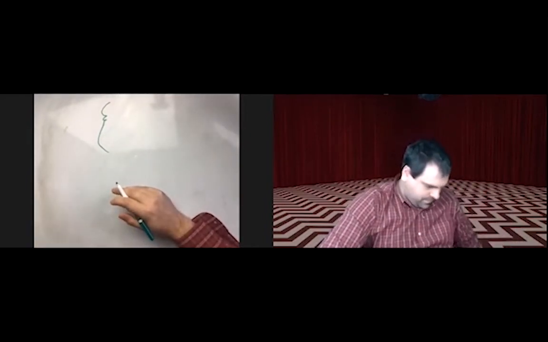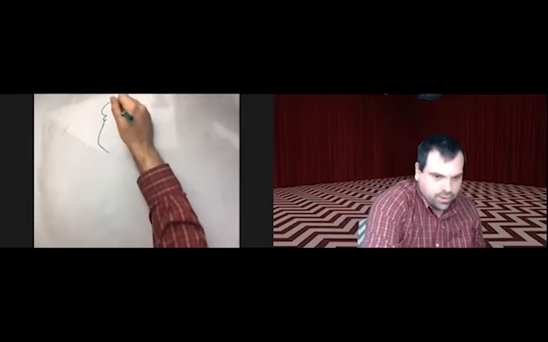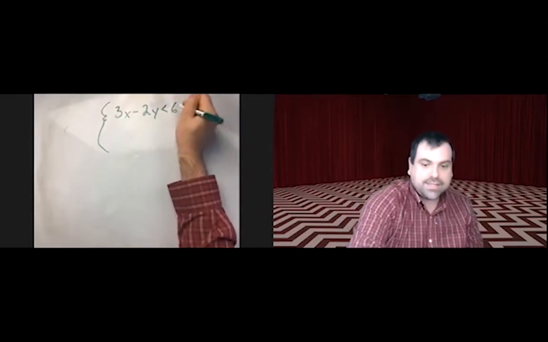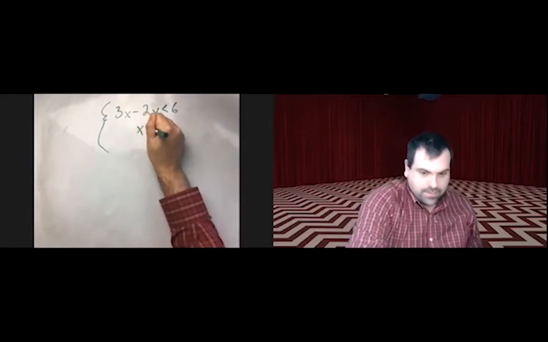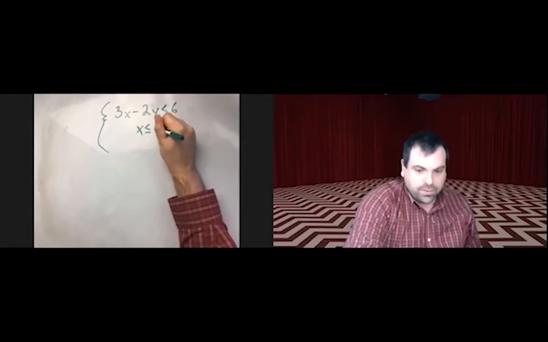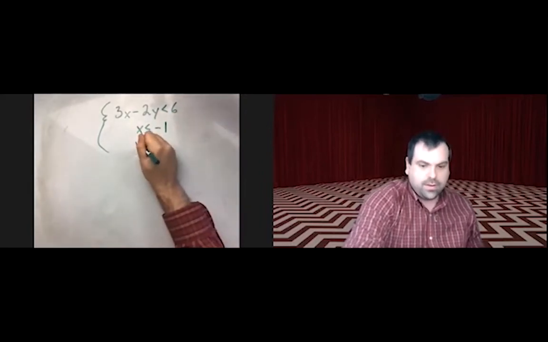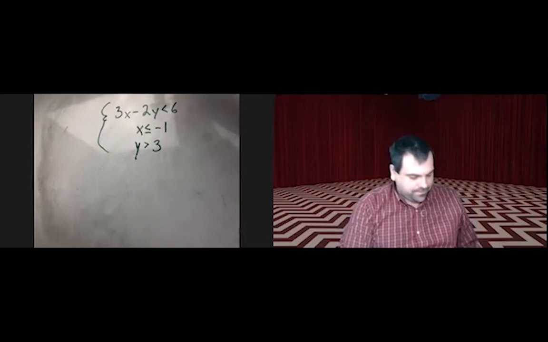Now, what if we had the system of inequalities? 3x minus 2y is less than 6. X is less than or equal to -1. Y is greater than 3.